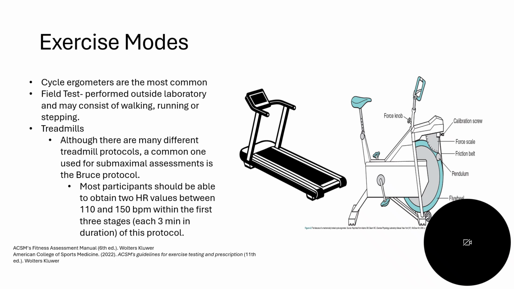And although there are many different treadmill protocols, a common one used for submaximal assessments is the Bruce protocol. Most participants should be able to obtain two heart rate values between 110 and 150 beats per minute within the first 3 stages, each 3 minutes in duration of this protocol.